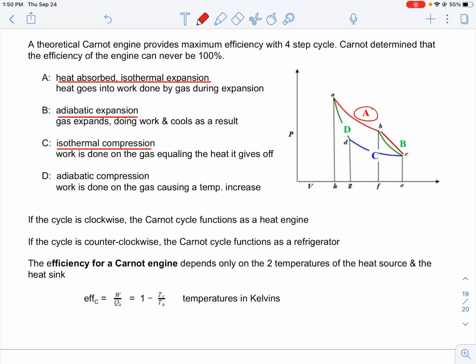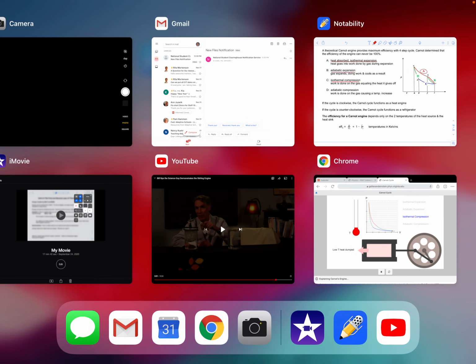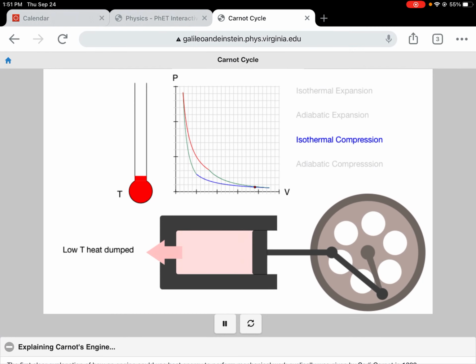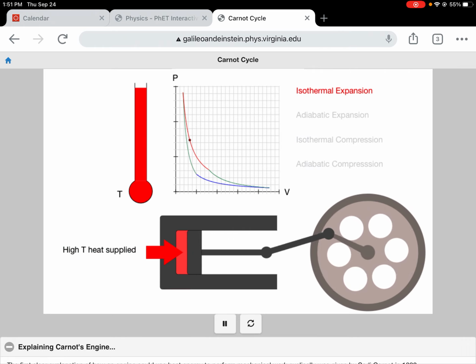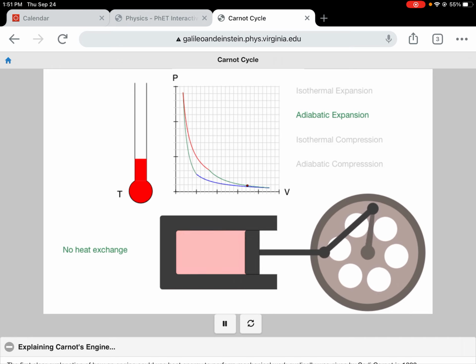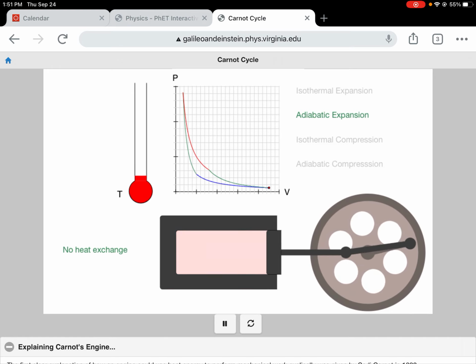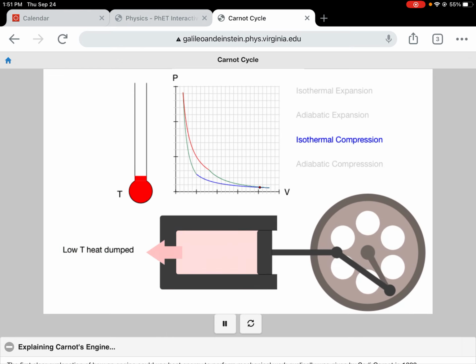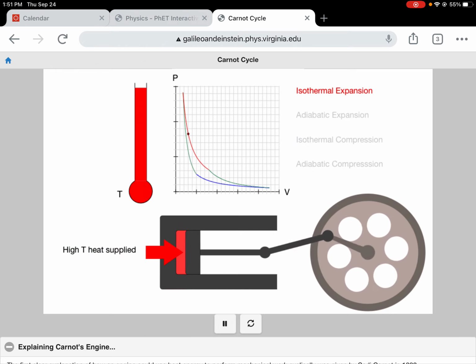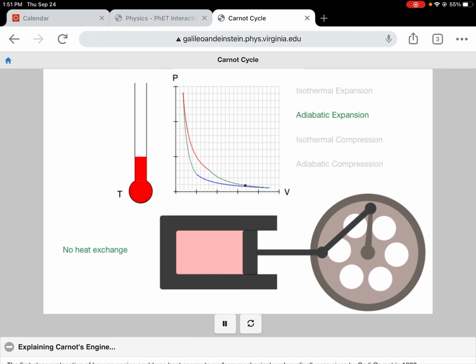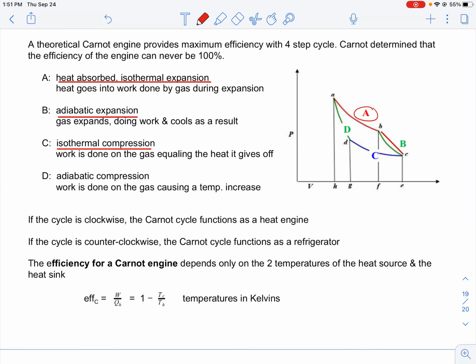Then the piston compresses. And why does the piston compress? So in this picture, this is something called a flywheel. This wheel on the right is heavy and it has conservation of momentum. It wants to keep rotating once it starts going. So that's why the piston will compress, because of that conservation of momentum. And then we have an adiabatic compression.